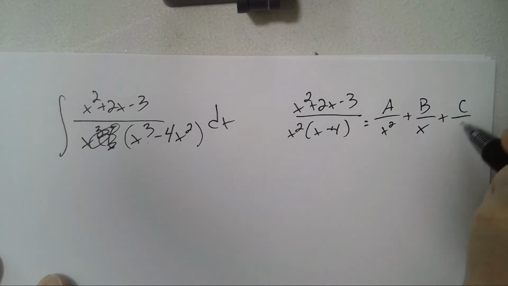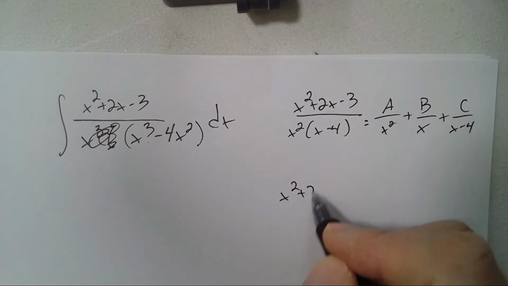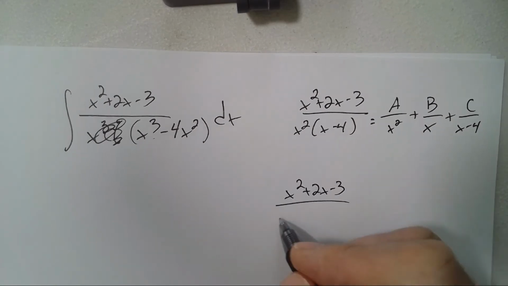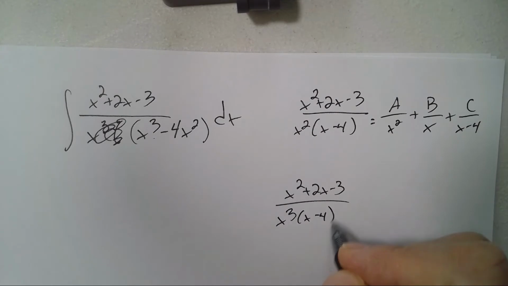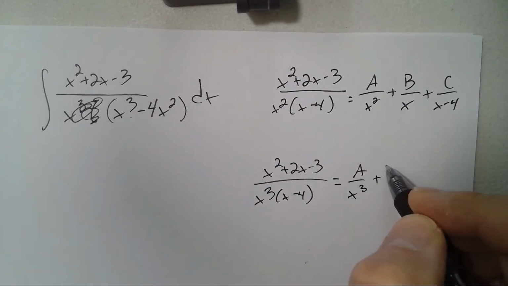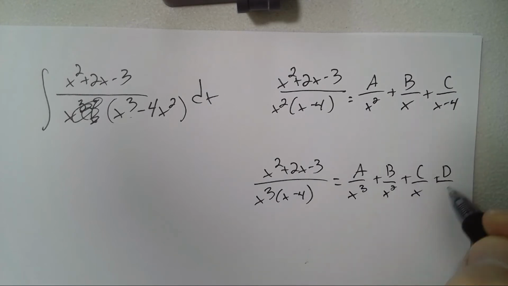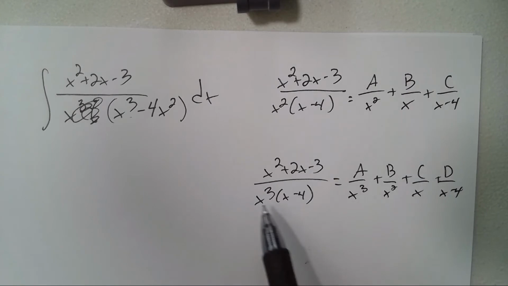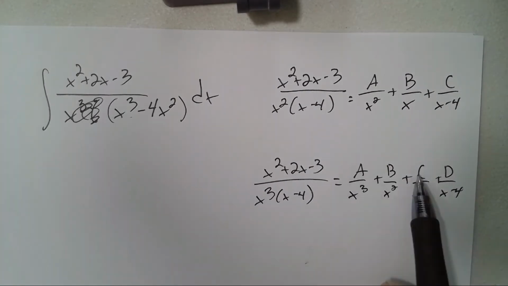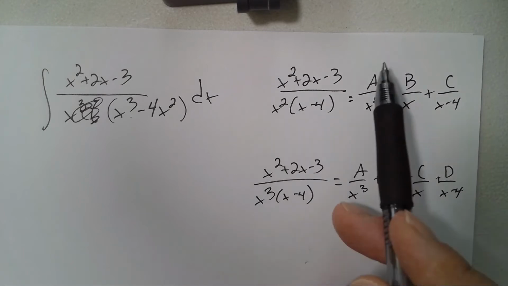So if it was like x squared plus 2x minus 3 over x cubed times x minus 4, it would be A over the x cubed, B over the x squared, C over the x, and then D over x minus 4. So if it's multiplicity 3, you need to do a letter for each one. Multiplicity 2, you have to assign a letter all the way down to the first power.